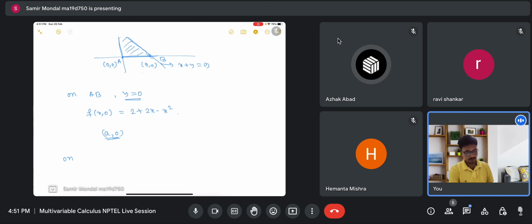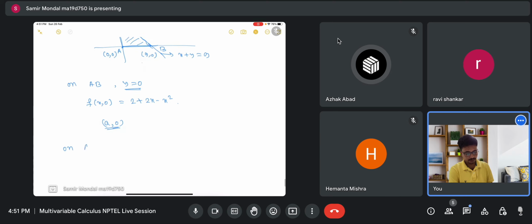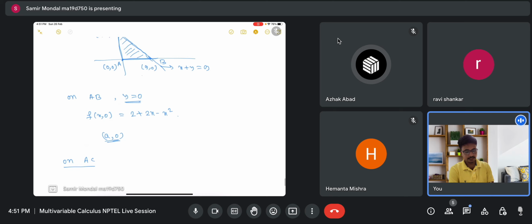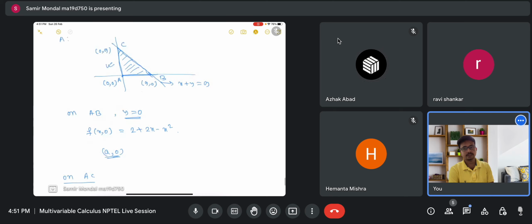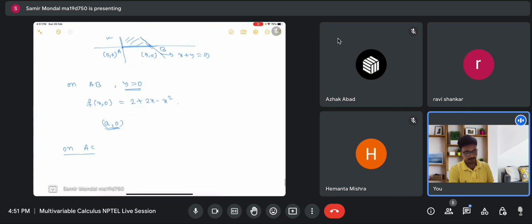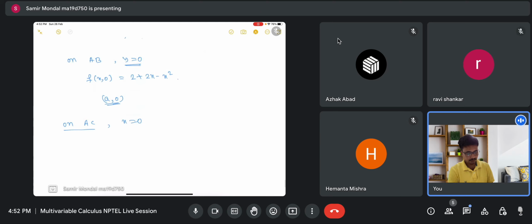Go for AC. On AC your x is 0. So what will you get? You will get f of 0 comma y, which will be 2y minus y square.